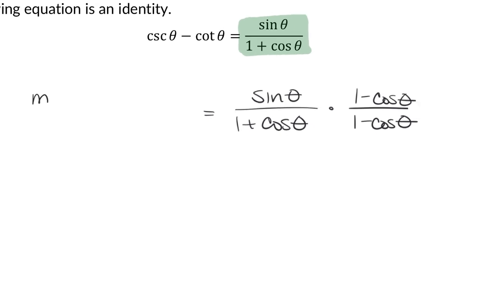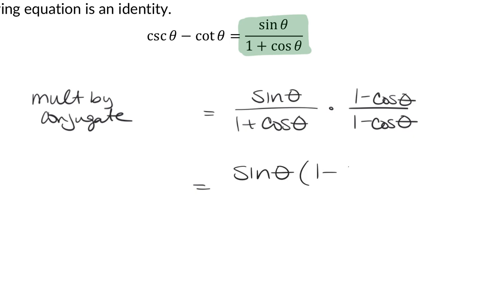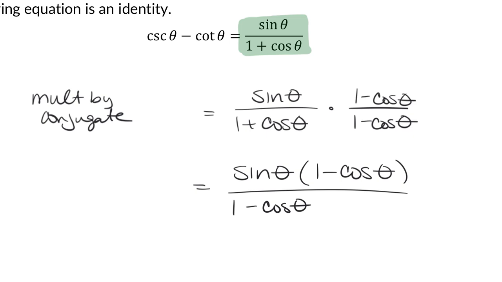This is multiply by the conjugate. Then I'm not going to cancel out this or distribute the sign yet, just in case it turns out nice. Over, I'm going to show how it may work: 1 minus cosine of theta plus cosine of theta minus cosine squared of theta.